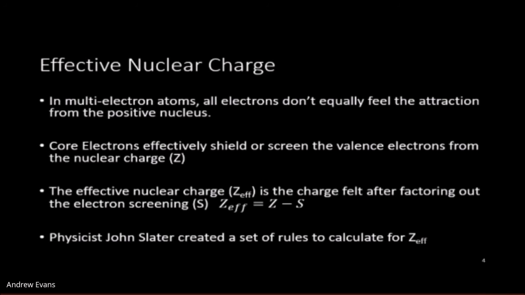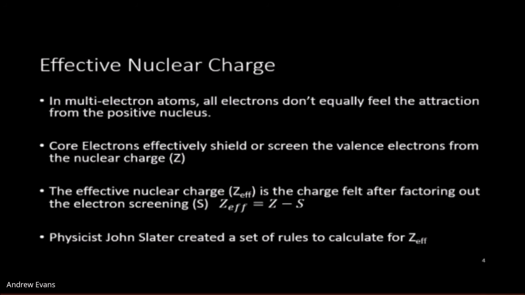Typically, most atoms have the same number of protons as electrons. If they all felt the nucleus the same, there would be no differentiation between, say, lithium and fluorine. Lithium, which is very positive, fluorine, which is very negative.